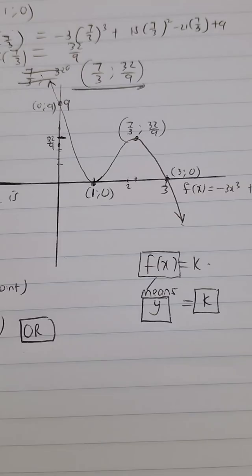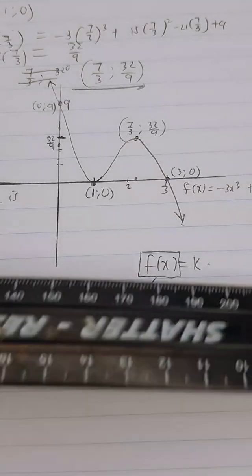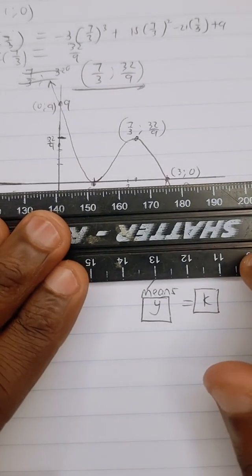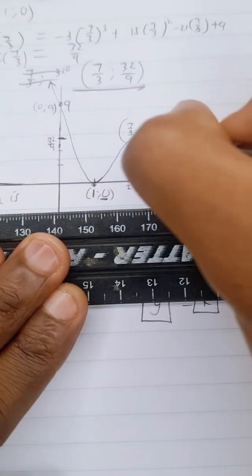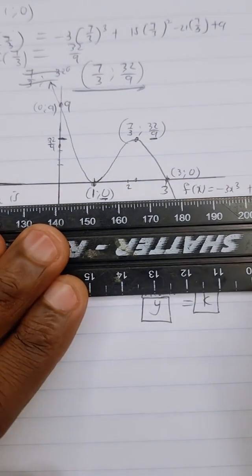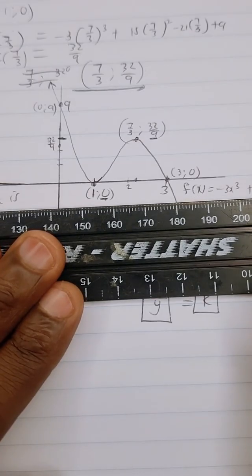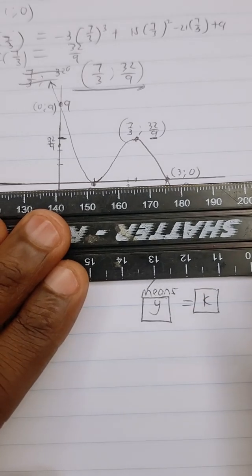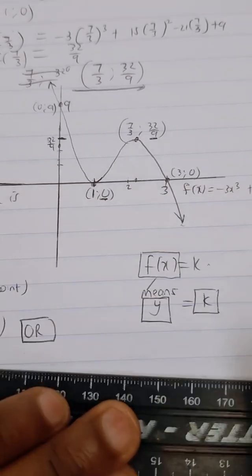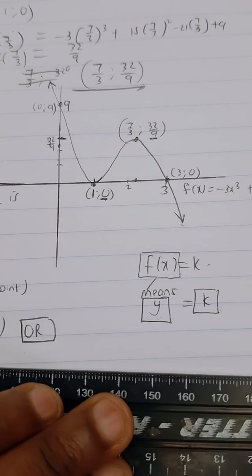So what you then do is compare y values, and you check your y value of the turning point. That can represent k, because y is k and k is y.